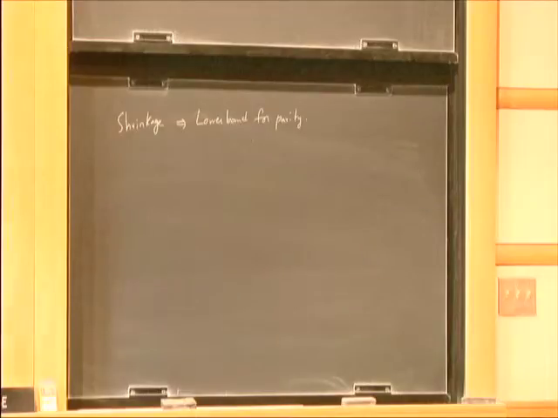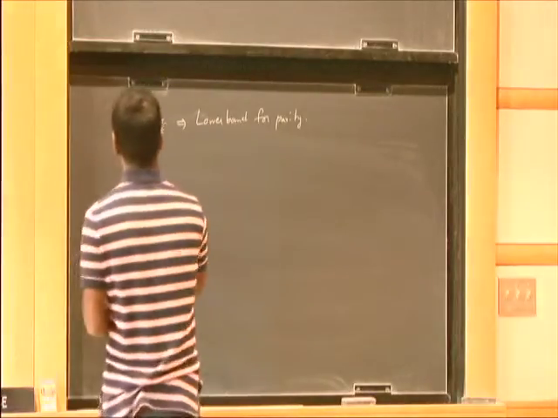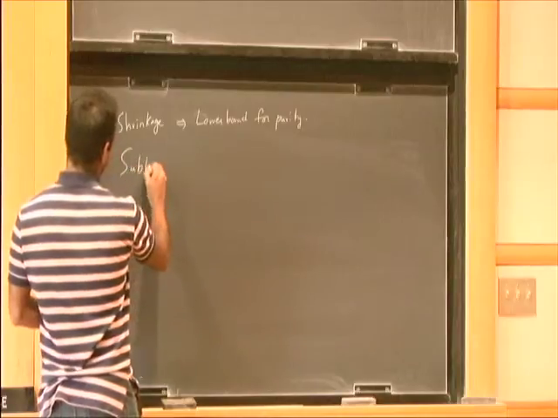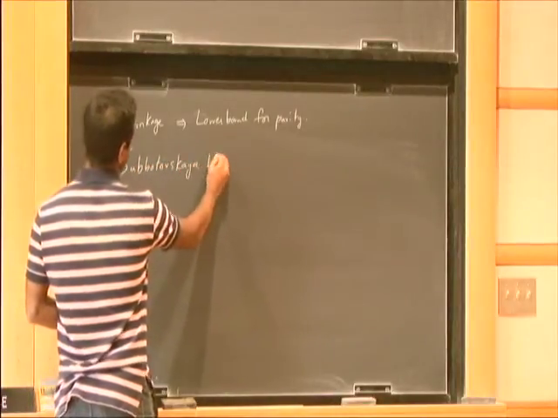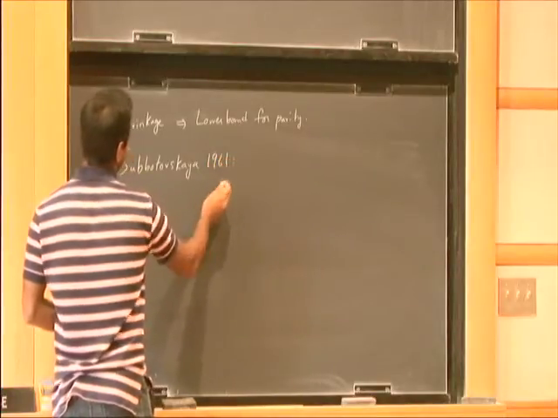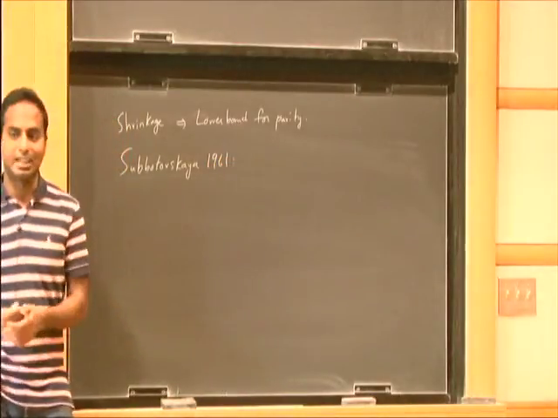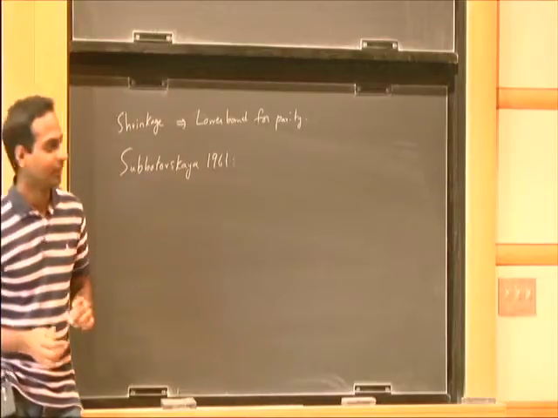And this is kind of implicit in the work of Subotovskaya from 1961. And this is the first place where random restrictions appeared in the literature.